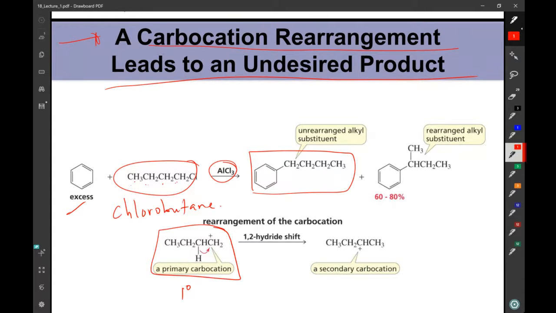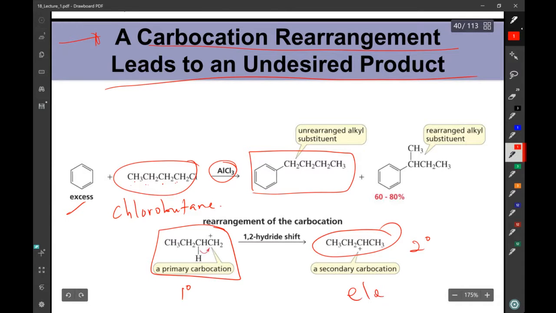And so that carbocation undergoes a 1,2 hydride shift and then generates a secondary carbocation, which is more stable. And that more stable secondary carbocation is the one that goes in and acts as the electrophile now. It leads to the formation of this product. So this is the product you will observe and you will not see this product.